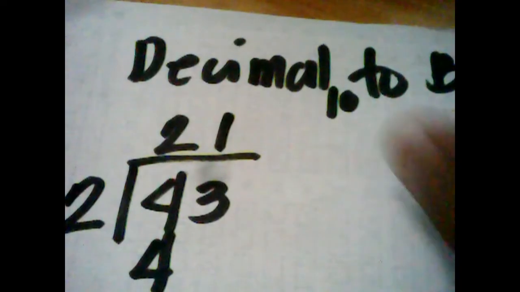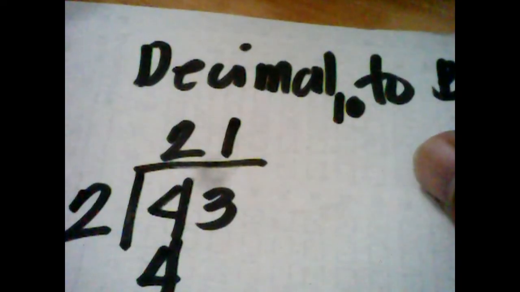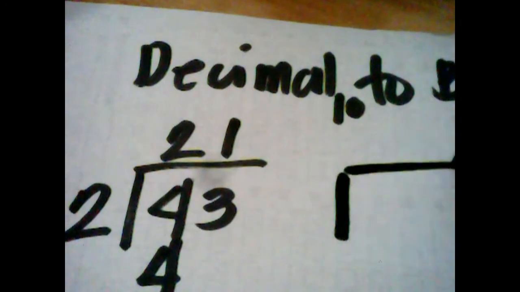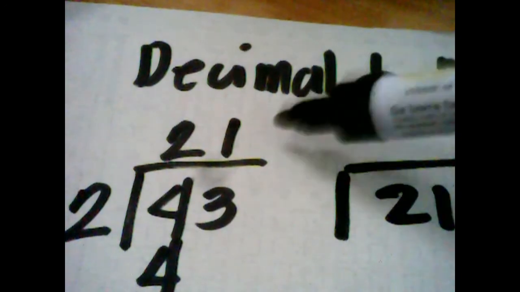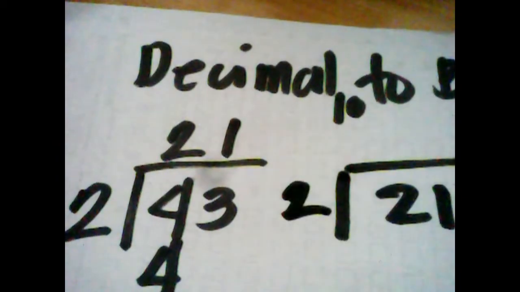So our quotient is still 21. Again, the rule states that we will not stop dividing until the quotient becomes 0. So we are going to divide the quotient, which is 21. So we get 21 from here. This is the quotient, and we divide it again by 2.